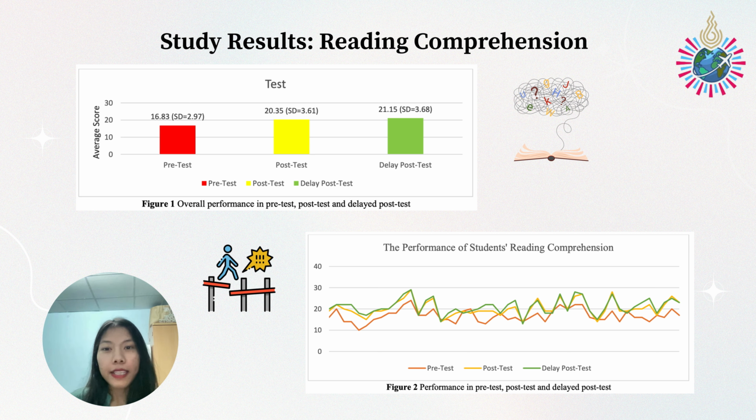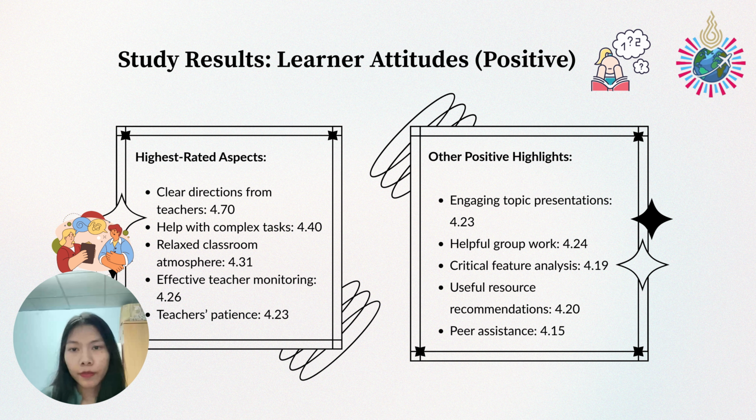This shows us that scaffolding within the ZPD doesn't only support short-term progress. It also helps students remember and keep their learning. The study also asked students about their learning attitudes toward scaffolding techniques, and most of the answers were very positive.